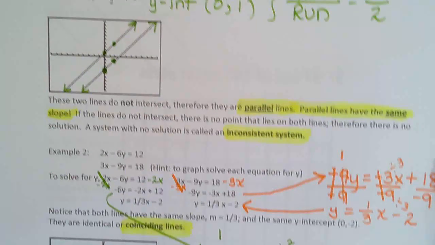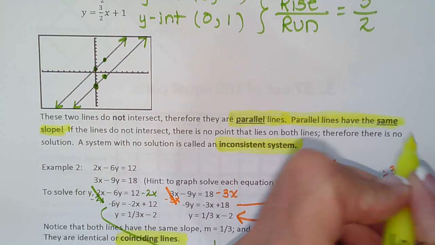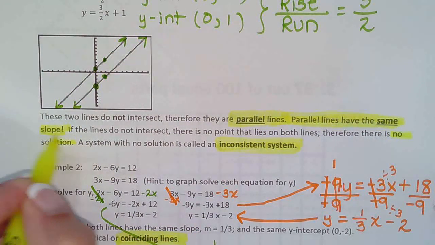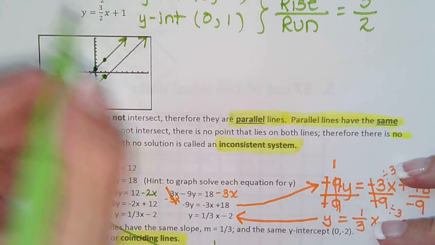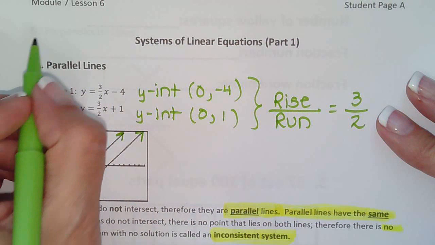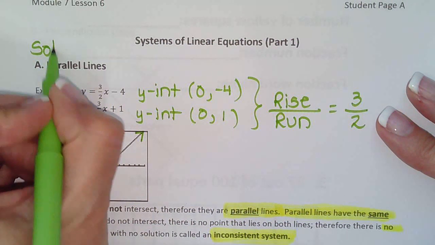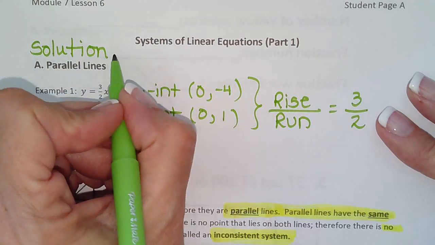On this, we have no solution. And I think I forgot to highlight that. I should have. So parallel lines have no solutions because solutions are, let's write that up here because that's one thing I realize some students don't know. A solution to a system just means two or more equations.